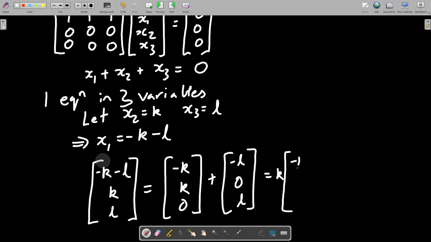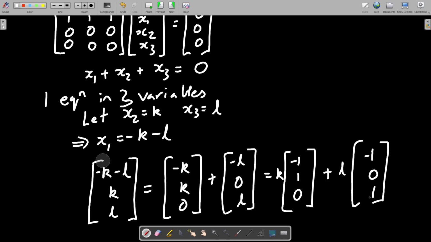This will become k times minus 1, 1, 0 and l times minus 1, 0, 1. Notice here we have got two eigenvectors which are not scalar multiples of each other. You cannot multiply something in the first vector and get the second vector, and vice versa also. Nothing multiplied in the second vector will give you the first vector. So this is what we call linearly independent. So we get two eigenvectors.